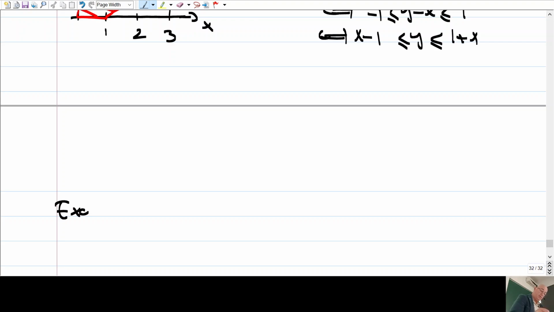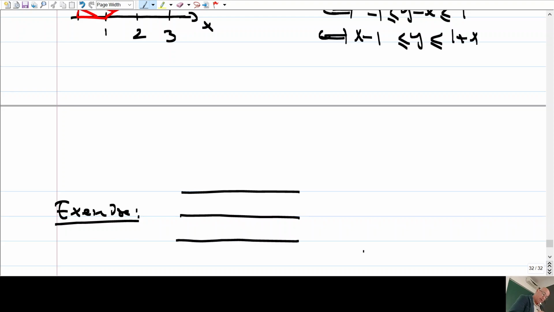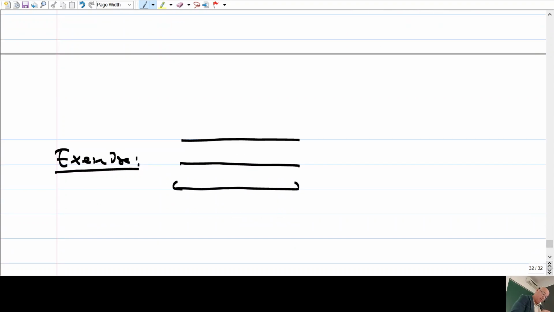Let me give you an exercise. Again, a geometric one. Suppose you have a set of parallel lines in the plane like this, and the distance between any two of them is, let's say, 2 units.